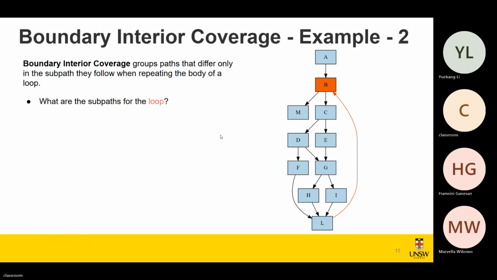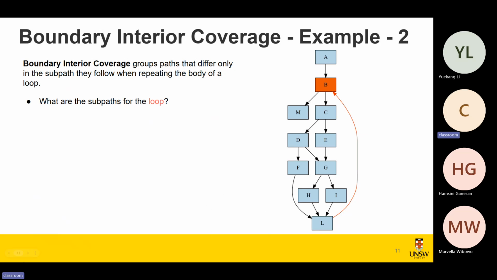So let's come up with a more complicated example. Can you identify all the subpaths in this loop? We can do it systematically because this is a graph and we can use different strategies to explore the graph, right?